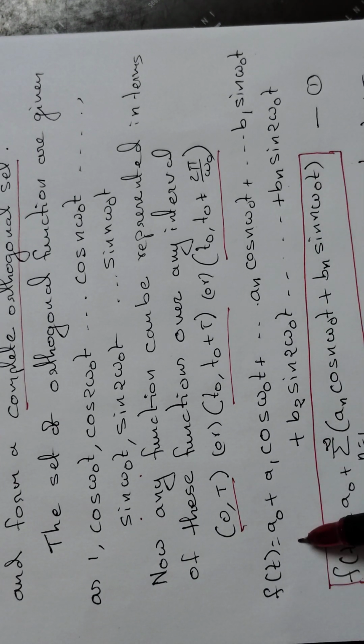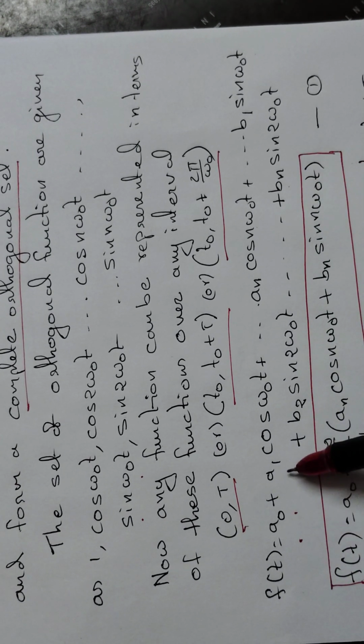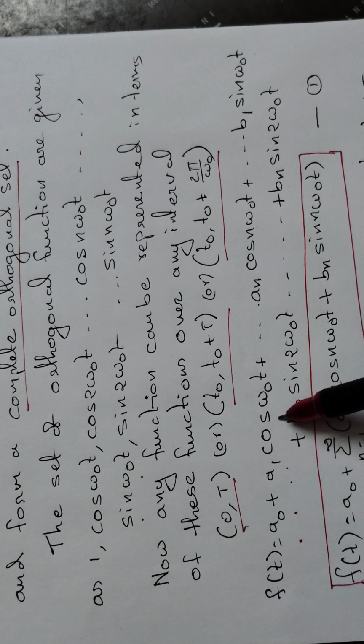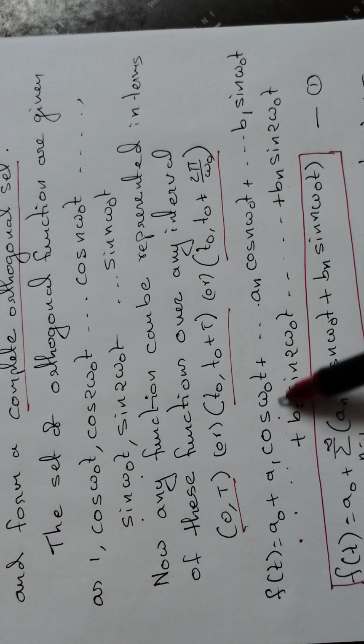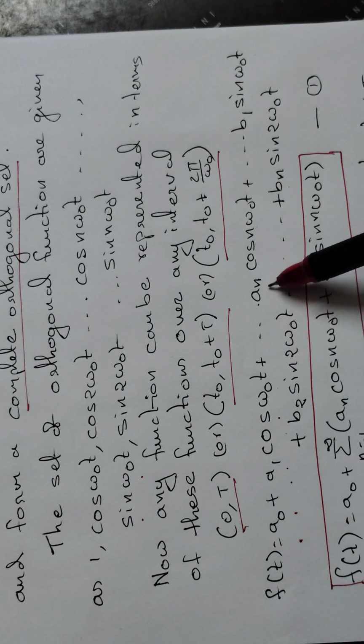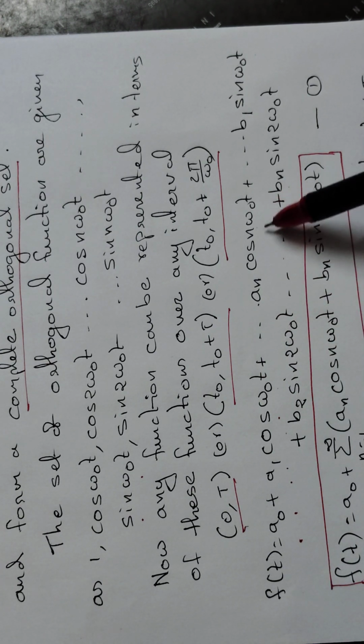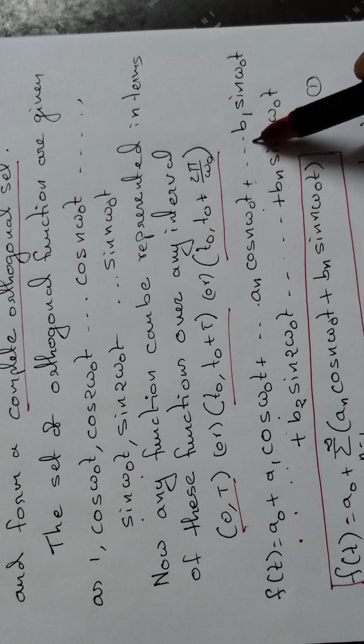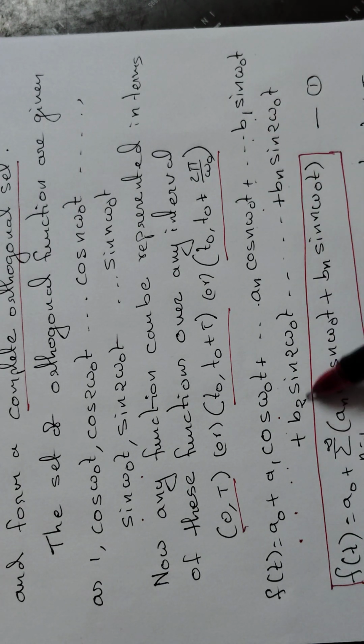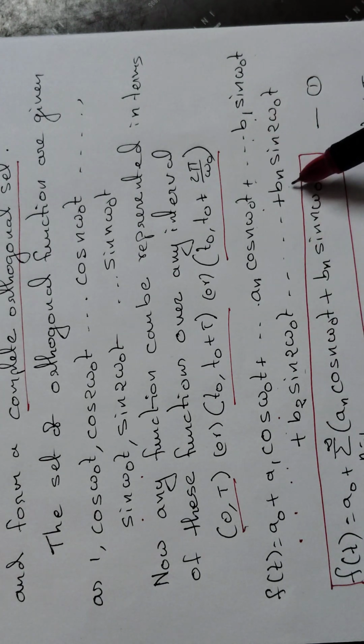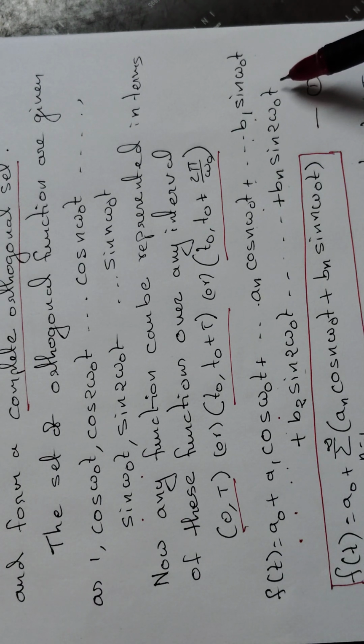Now f of t is equal to a naught plus a1 cos omega naught t plus and so on, an cos n omega naught t and so on, b1 sin omega naught t, b2 sin 2 omega naught t and so on, bn sin n omega naught t.